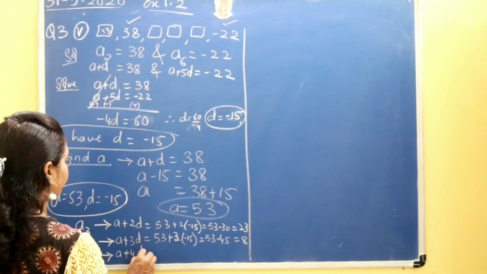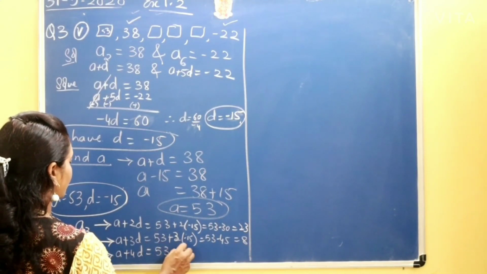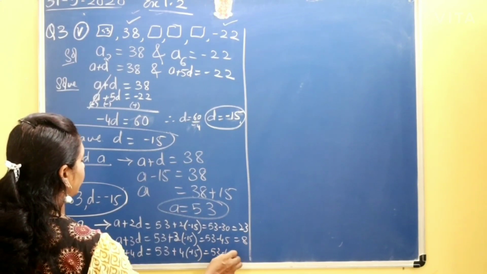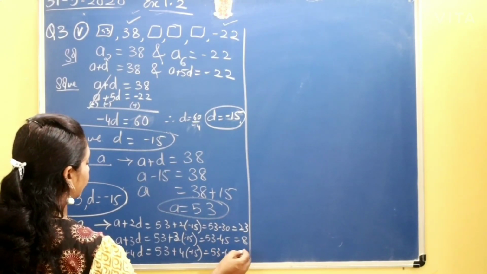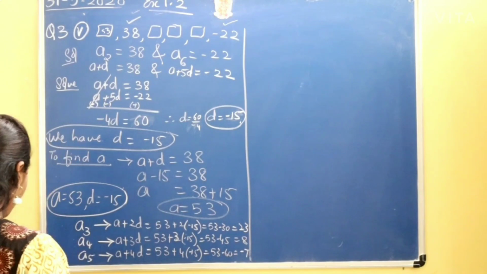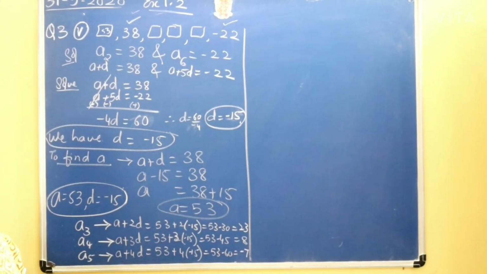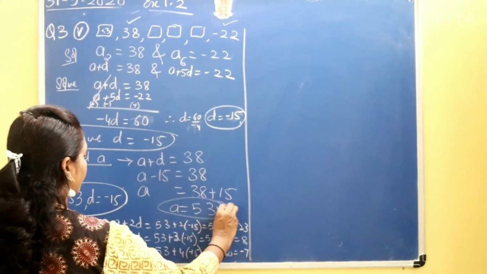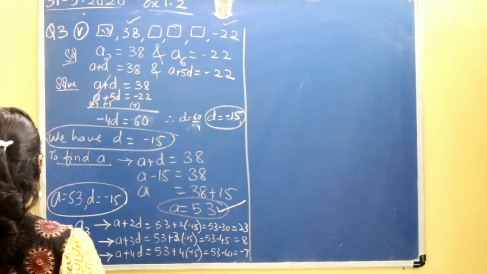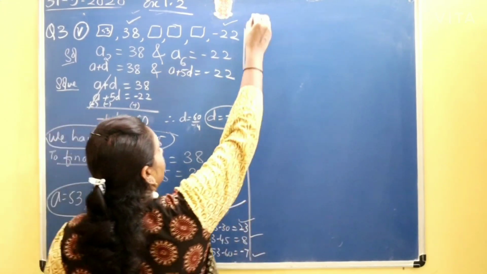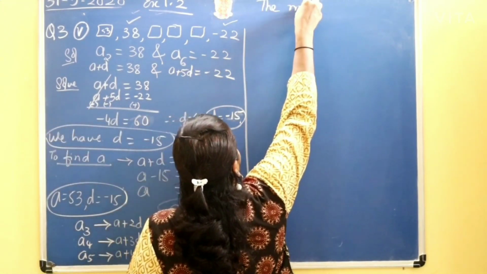A plus 4D, 53 plus 4 into -15, 53 minus 60 will give you -7.